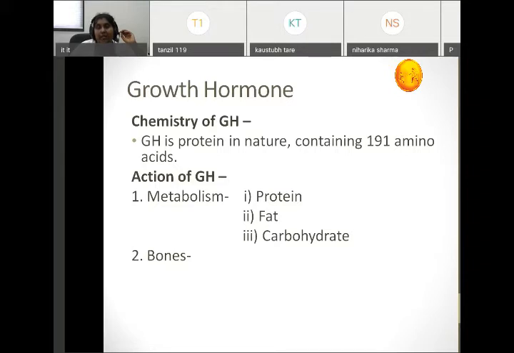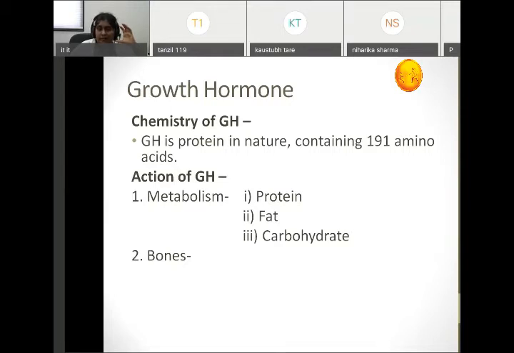And it also decreases conversion of glucose into glycogen. So all these are responsible for the increased blood sugar level, and it is called the pituitary diabetogenic hormone.